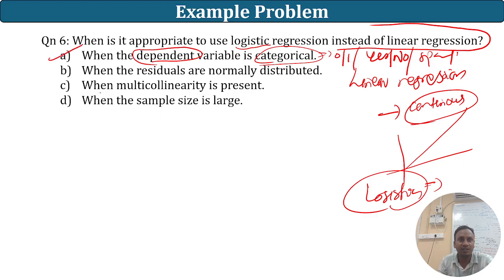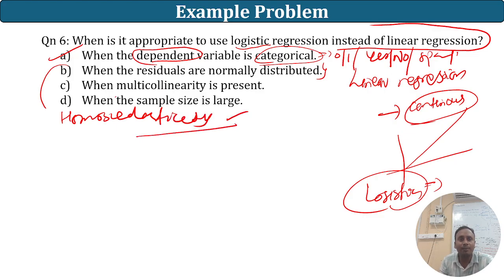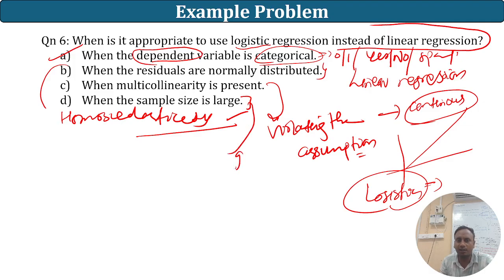When the residuals are normally distributed, that is an assumption of homoscedasticity. When multicollinearity is present, no, this is again violating the assumption. When the sample size is large, that's good and gives good performance, but it doesn't give the logic for logistic regression.